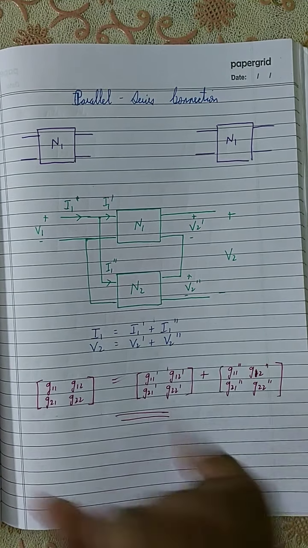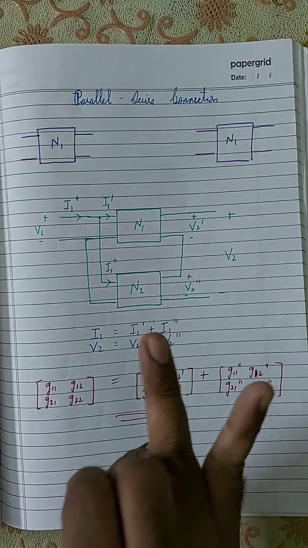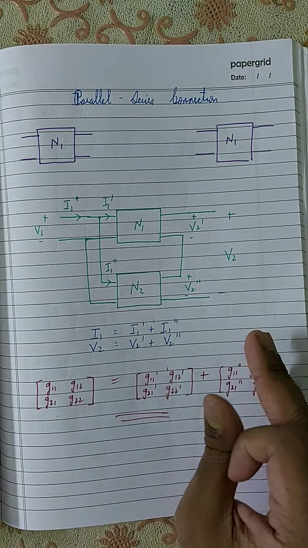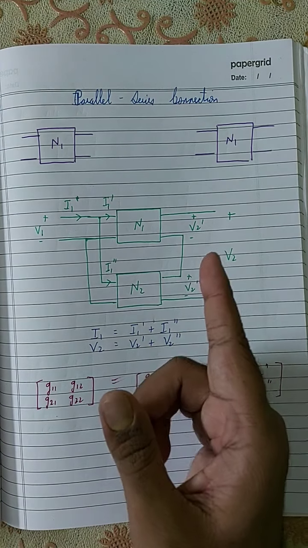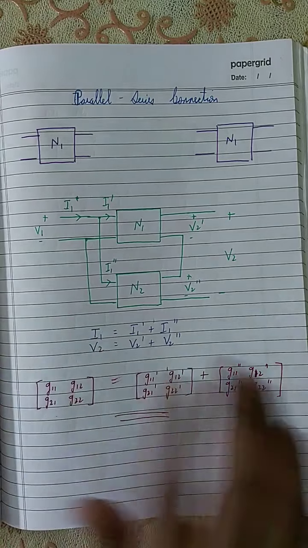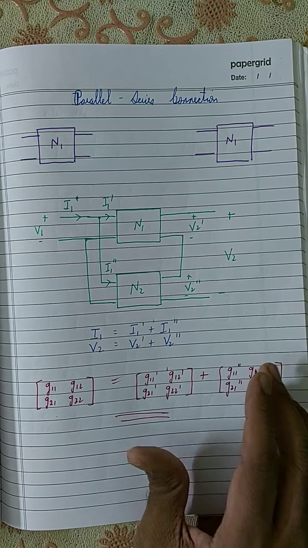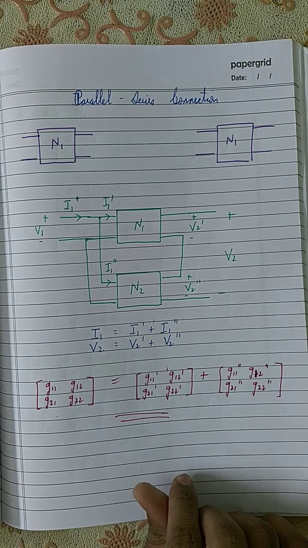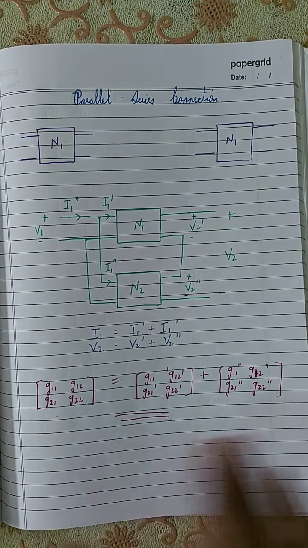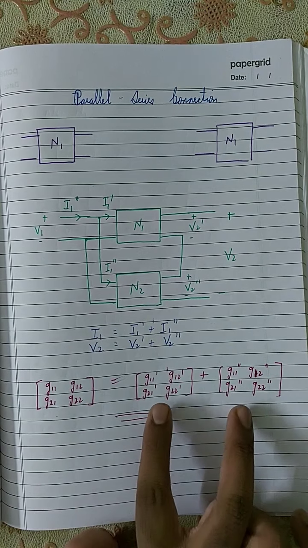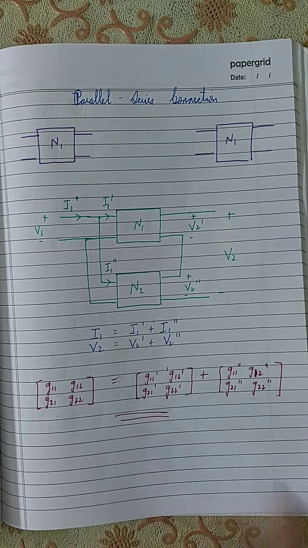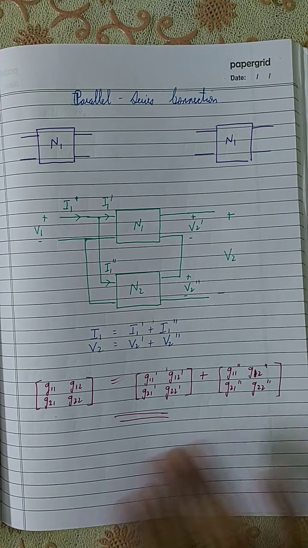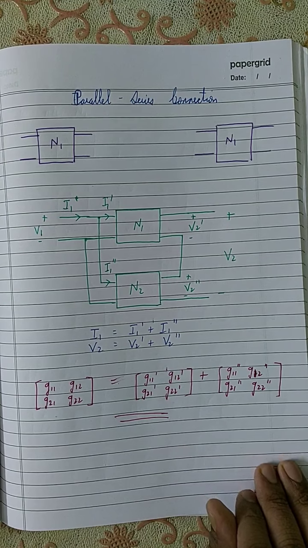For the remaining, that is, for the Z parameter for the series connection, for the Y parameter for the parallel connection, for the hybrid parameter for the series parallel connection, and for the inverse hybrid parameter for the parallel series connection, for all these connections we simply add the individual parameter matrices. Only for cascade do we multiply. For the remaining parameters we correspondingly add the respective matrices. That's all. This is what we learned. This is the only thing you need to understand for the interconnection of two-port networks.